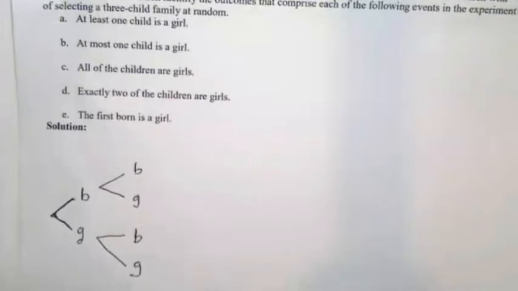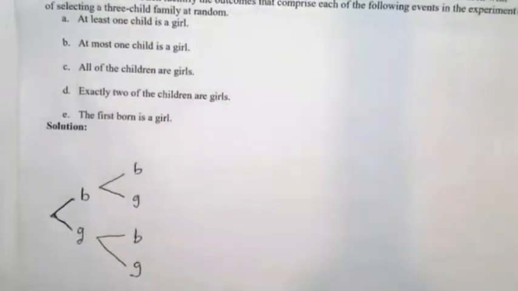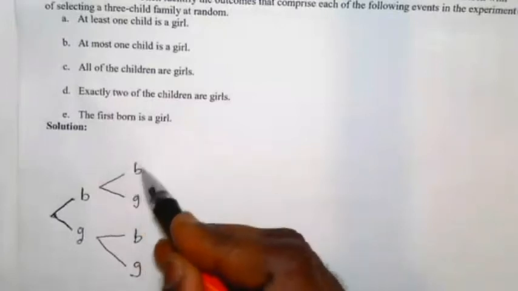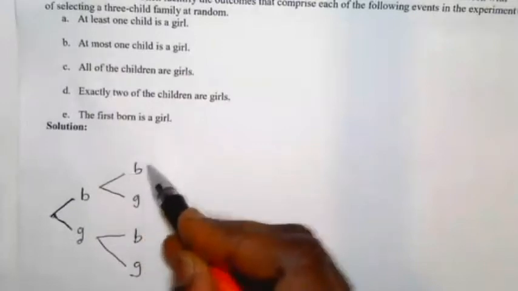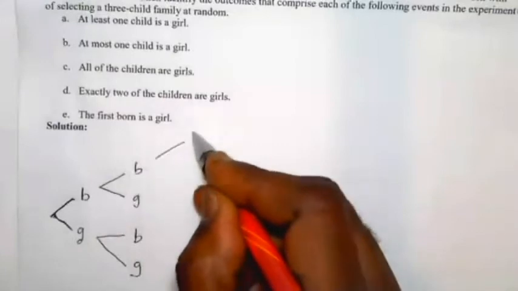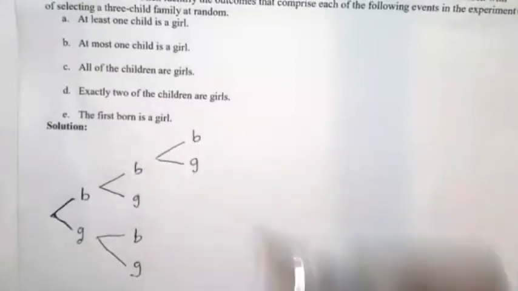Second birth order. Then the third birth order, because there are three children. So first born, second born, and third born. For the third born, if the second is a boy, what are the possibilities? The third could be a boy or a girl.